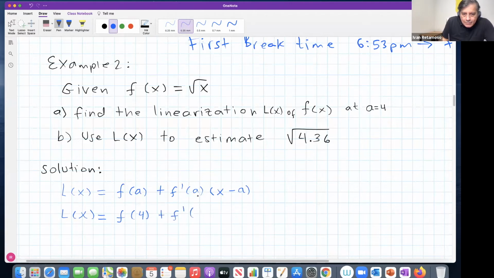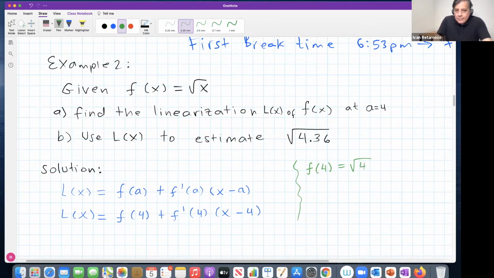Then the derivative evaluated at 4, times x minus 4, right? I need these guys, f of 4 and f prime of 4. So on the side, I am going to compute them. First, f evaluated at 4. When we look at this function, f of x equals square root of x, it has to be just the square root of 4, right? Substitute x with 4. But this is just 2, right? So this one is done, 2.